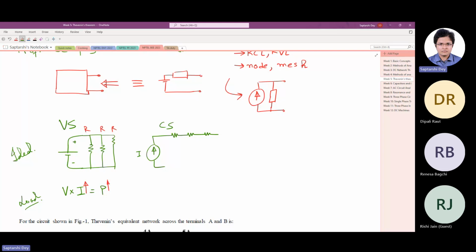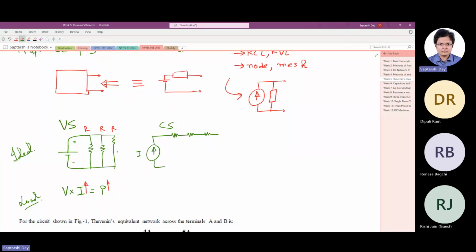They require certain current. Similarly, had this been a world of current source, all our apparatus would have been rated for a certain current, right? Say, for example, in that world, maybe India's domestic current supply is 2 ampere. So all the devices come with 2 ampere current, and depending on how much power they need, their voltage rating changes.